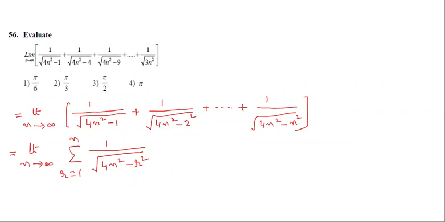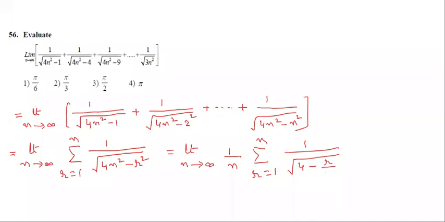Denominator inside the root, take n square common. It will come outside, that is n. So limit n tends to infinite 1 by n sigma r is equal to 1 to n, 1 by under root 4 minus, here n square common means we get r by n whole square.